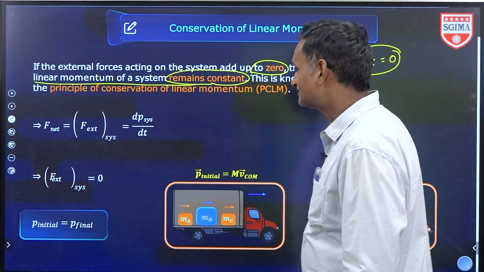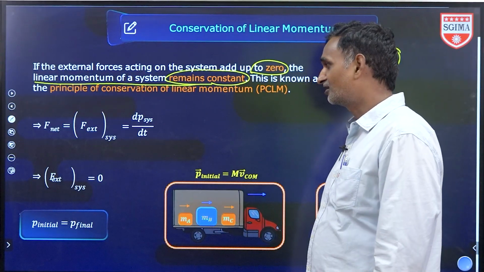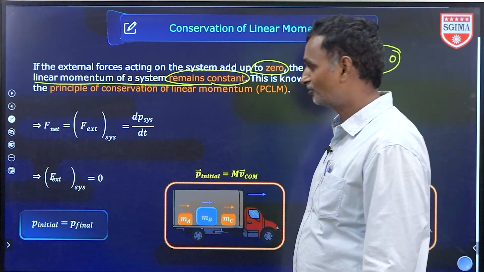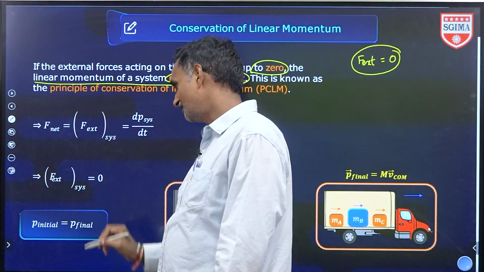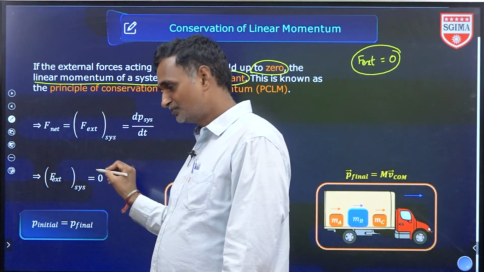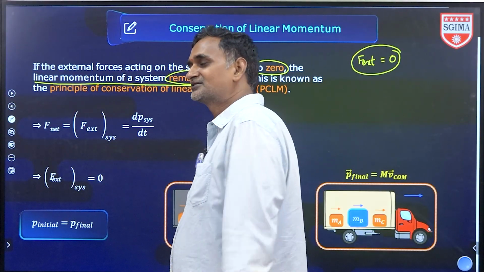That is the concept we can take. This is known as the principle of conservation of linear momentum, LCLM generally we can call it. F net, that is F external on the system, equals dp system by dt. F external 0 means P initial equals P final.